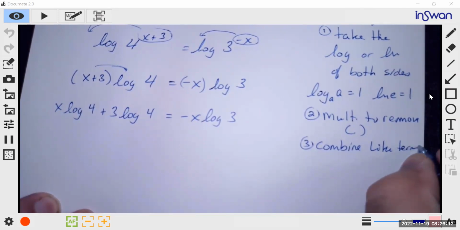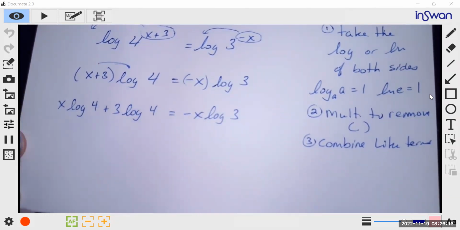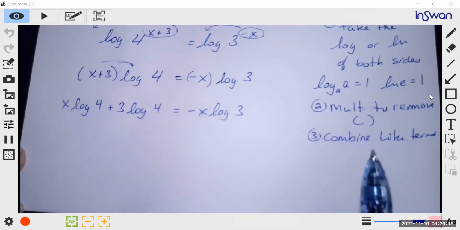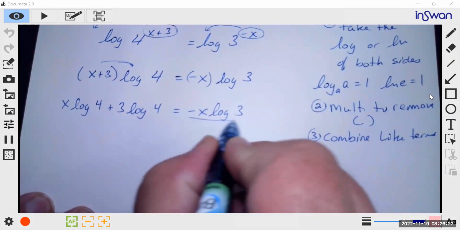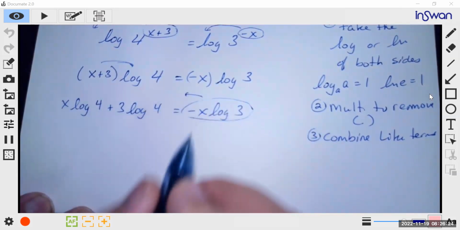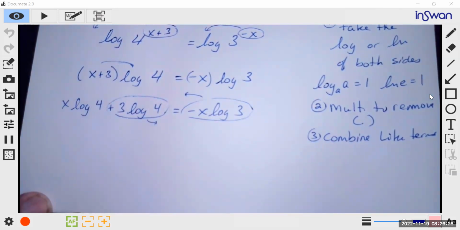Combine like terms. Since we're solving for x, we have to get all the x's to one side, and anything that doesn't have an x goes to the other side. So this term has to go to that side, and this term has to go to that side.